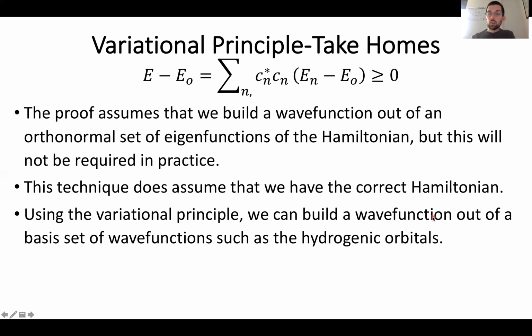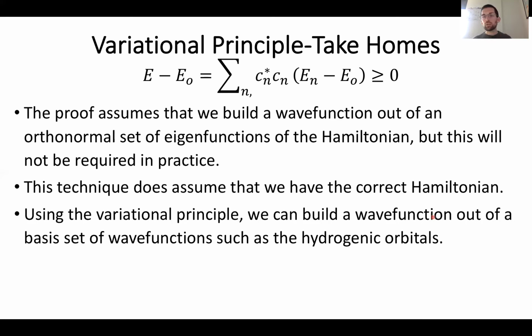One of the other big things is that using this variational principle, we can build our wave function out of any basis set of wave functions that we're going to find useful. So the one that we often love to make use of is the hydrogenic orbitals. So these are the ones we built up in chapter 8, because these have often very nice and smooth solutions.